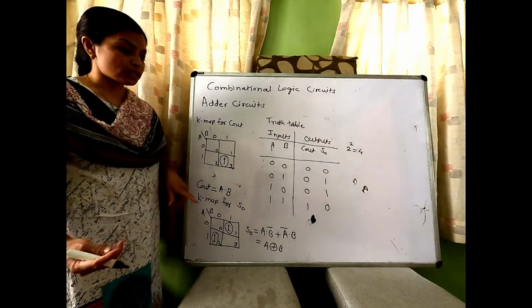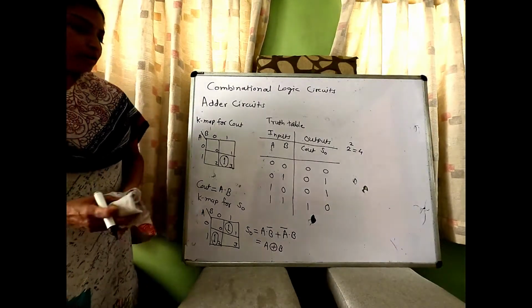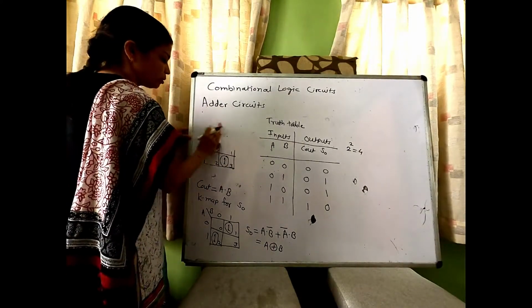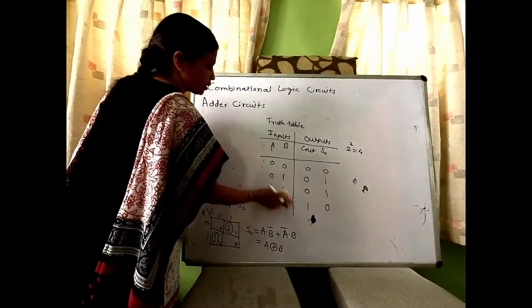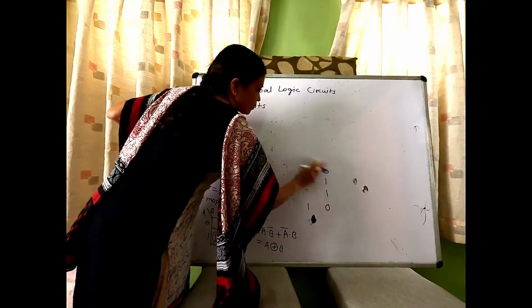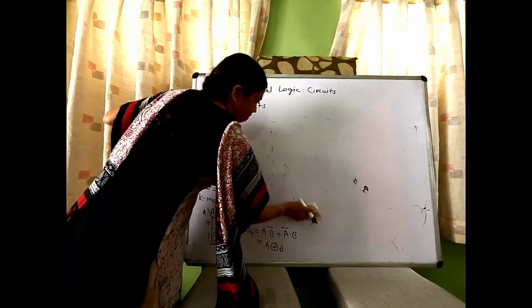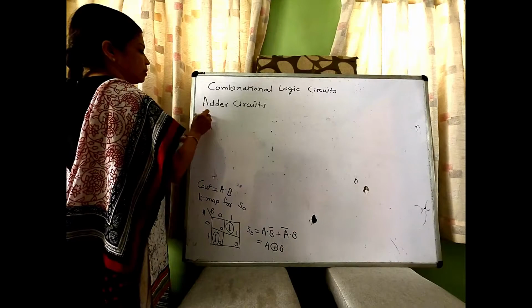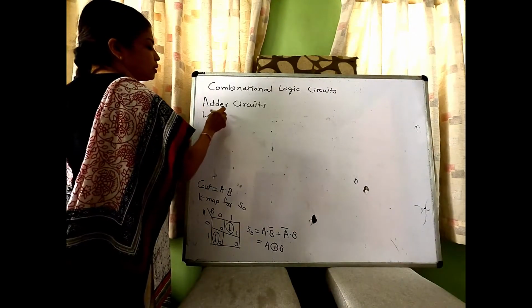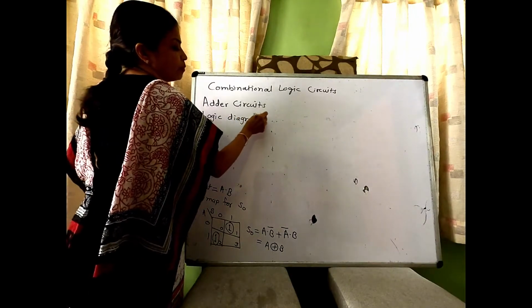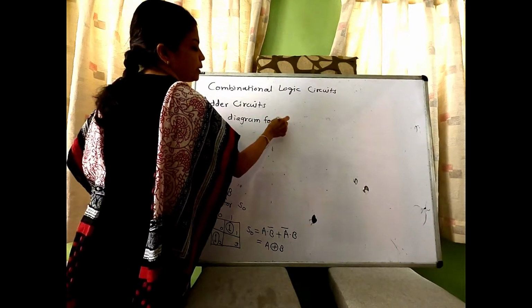Now using these equations, we have to draw the logic diagram for the half adder. So here is the logic diagram for the half adder.